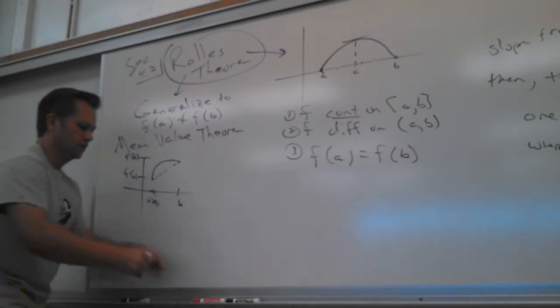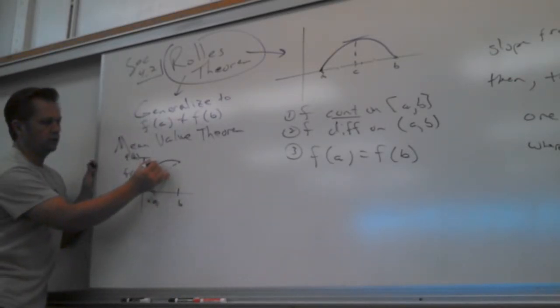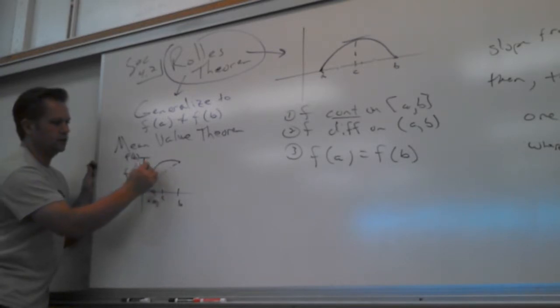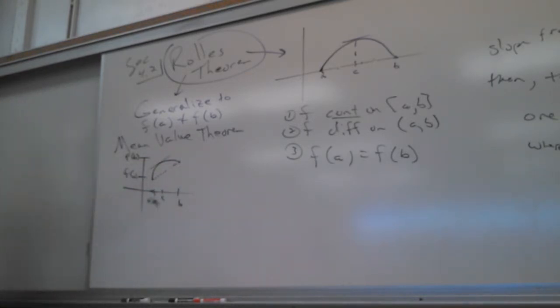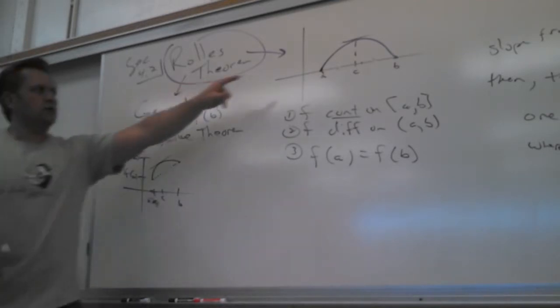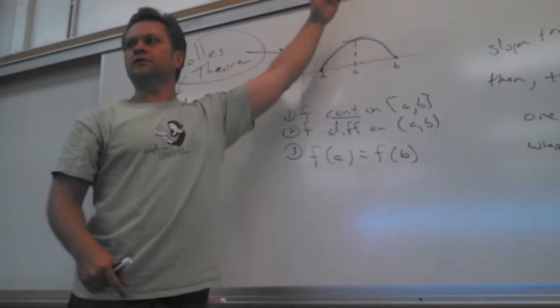So somewhere in here, the same idea. Somewhere in here there must be a C such that the slope at C is parallel to the as-the-crow-flies path. That's the idea. And of course, it almost is too silly. If we accept this is true, then just rotating it, it's the same place.